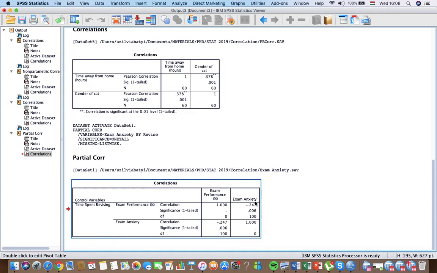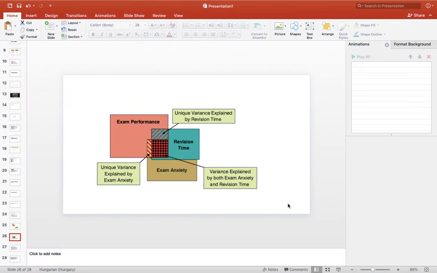And if you square this number, then you will get a number of 6, which is 6%. So you can see that now we have a clearer picture that exam anxiety accounts for even less in exam performance.